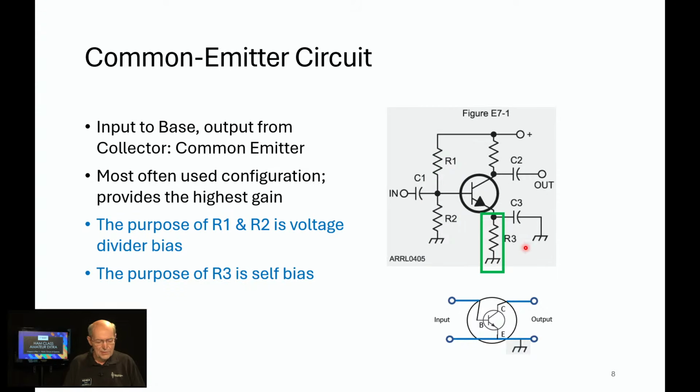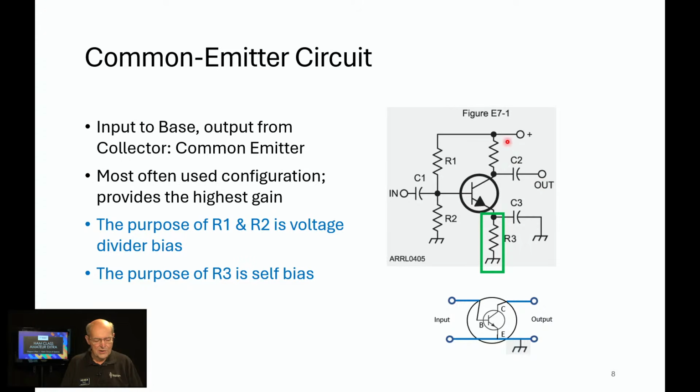The purpose of R3, now this is kind of interesting, because as the transistor conducts, there's going to be a current flow from the power supply through ground going through the transistor. A transistor doesn't like to get overheated. The hotter a transistor gets, the harder it will conduct. The more it conducts, the more current can pass through it, and eventually you'll get to a stage called thermal runaway where the transistor can burn up.